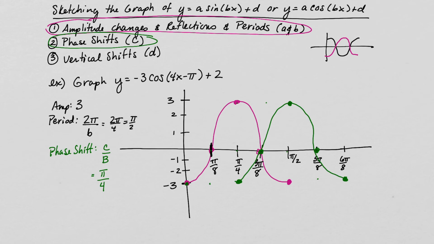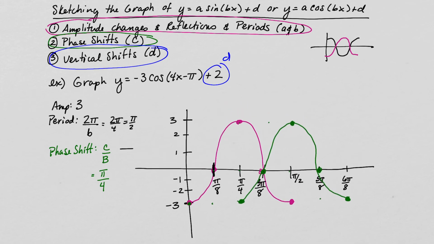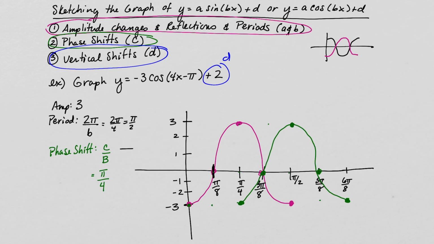And then finally, the last thing we need to do is the vertical shift. In this case, we're going up 2, that's the D. I know this is cheating a little bit because probably on your paper you can't do this, but I'm going to pull this down a little bit so I have some room. Every point on the graph is going to go up 2.